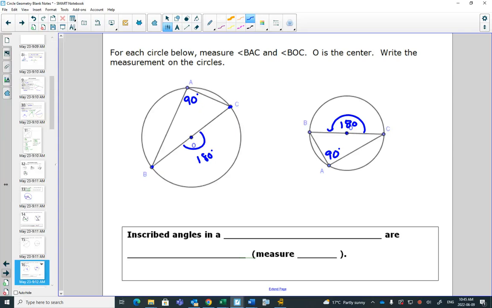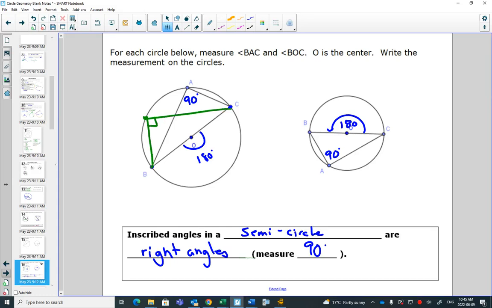Inscribed angles in a semicircle that use a diameter are 90 degrees. They're right angles, which is really cool. Did you know that? Anywhere you pick any point on a semicircle, you draw another perfect 90 degrees.